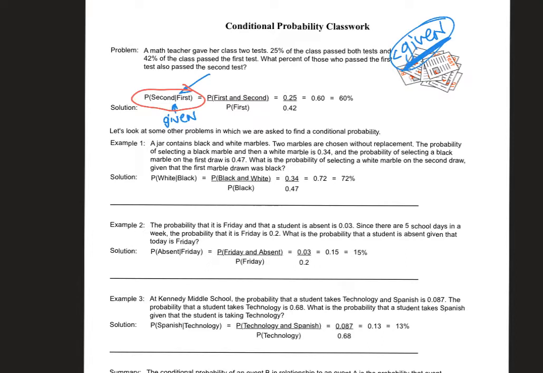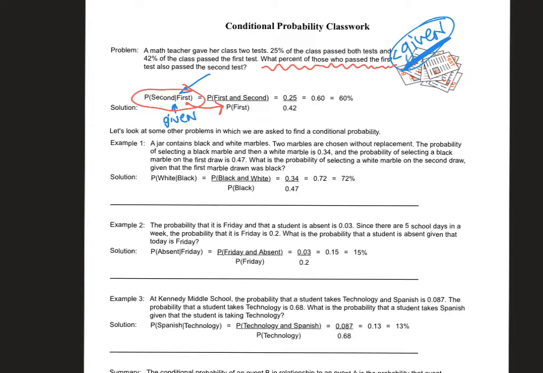Your formula is always going to be and on top and what you're looking for on the bottom. So first and second is going to go on the top. All of your and statements are in your numerator. And what you're actually trying to find, what percent of those who passed the first test, is going to be on the bottom.